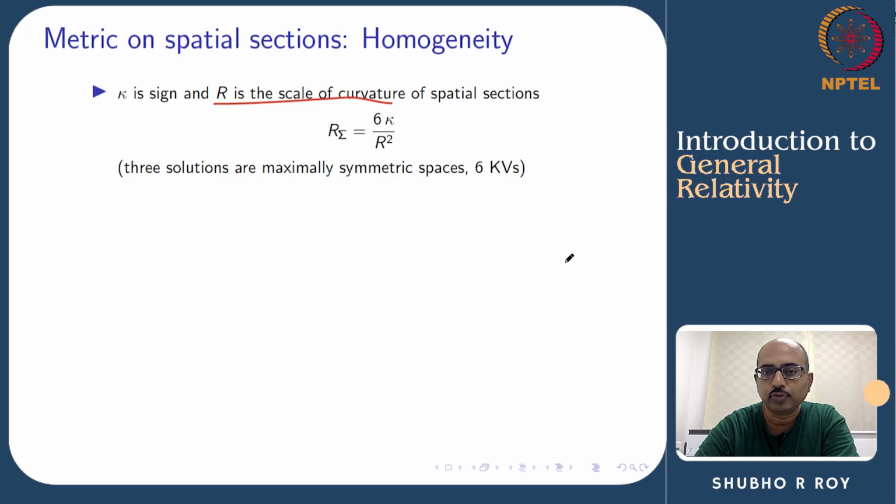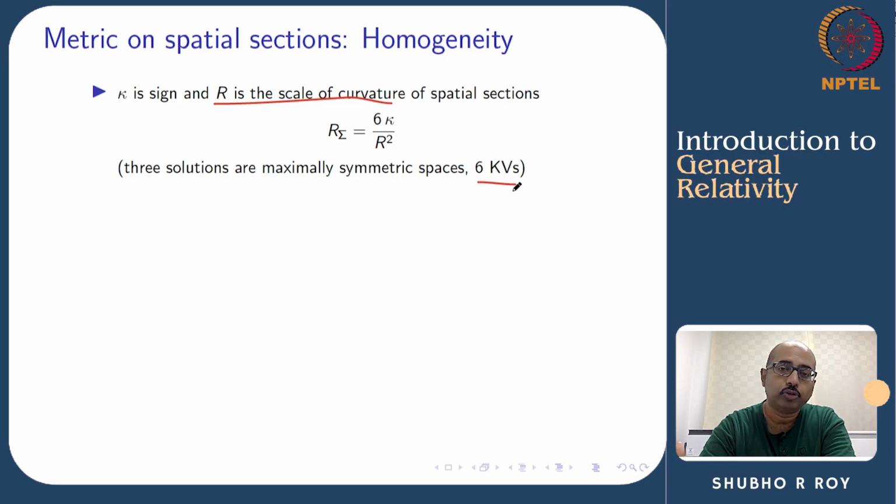In fact, these three solutions are three maximally symmetric spaces, which we can also deduce by reminding ourselves that there are 6 Killing vectors: 3 for translation, because we are in a 3-dimensional spatial section, and then 3 rotations because of isotropy. So 3 plus 3 gives you 6 Killing vectors. In 3 dimensions, 6 is the largest number of Killing vectors you can have, so these 3 solutions correspond to maximally symmetric spaces.